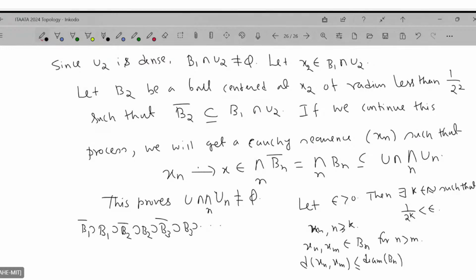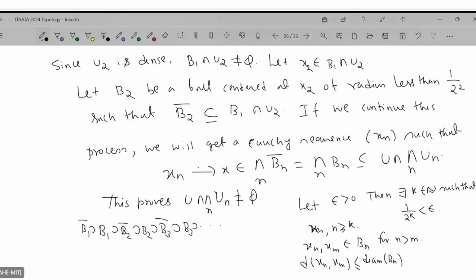Because both elements are in that ball, the distance between two points in a ball is less than or equal to the diameter of the ball.